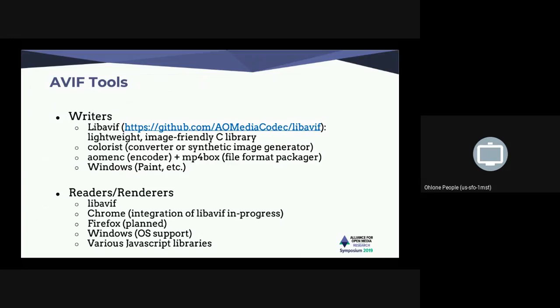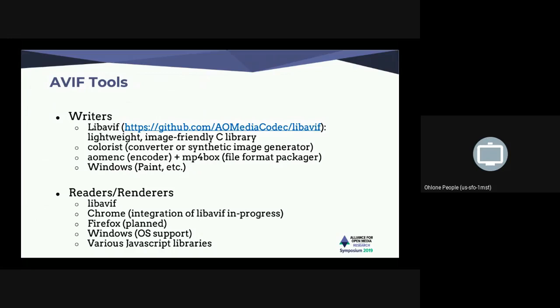So you can download it and use it in your applications. Colorist is a tool based on libavif to produce and read images. Of course, you can use AOMedia to encode your images, and then you can use tools like MP4Box, also another open source tool, to package your images.